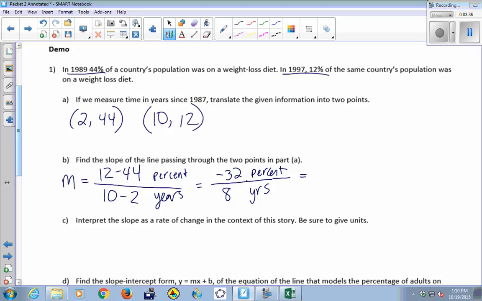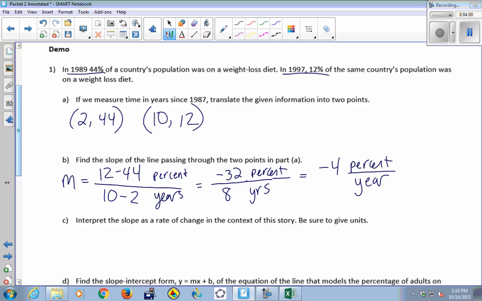Negative 32 over 8, does that reduce? Negative 4. Yeah. So this becomes negative 4% per 1 year, right? Because when you reduce that, it becomes negative 4 over 1. So negative 4% per year. So let's interpret that slope in the context of this story.